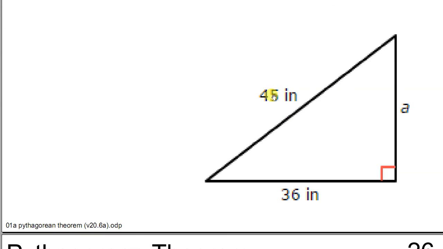All right, I have the hypotenuse, and I'm looking for a leg, so this is going to be a square-square subtract. So 45 squared. That takes me to 2,025. Minus 36 squared, 1,296.